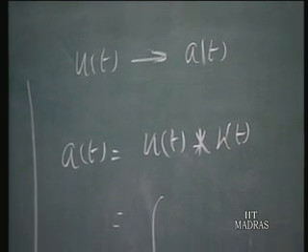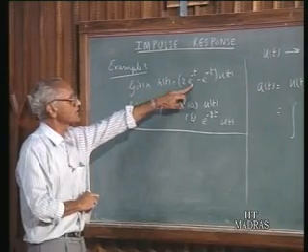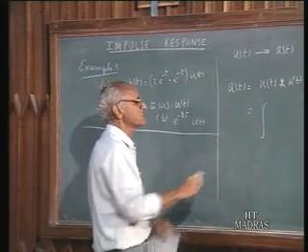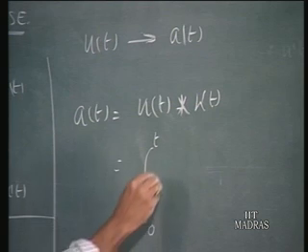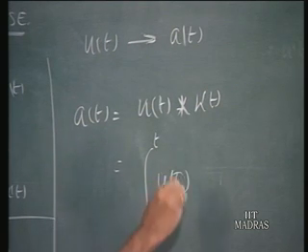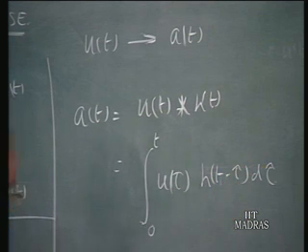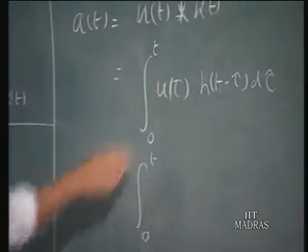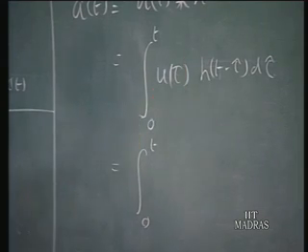This is a causal system, the impulse response is 0 for negative values of time, and the input is also causal, therefore we can straight away say this is 0 to t, u of tau h of t minus tau d tau. Then this can be regarded as 0 to t. In the interval 0 to t, when tau takes positive values, u of tau is going to be 1 anyway, therefore we can disregard this.